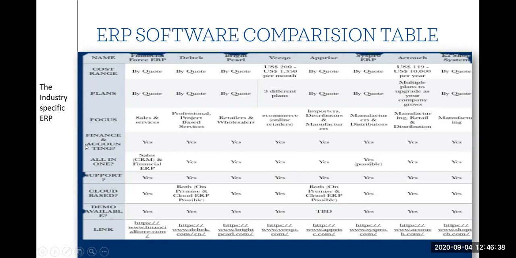Basically, ERP mostly has finance and accounting already included in the software. Sometimes CRM is also included. Cloud-based means internet-based. They give an option, or sometimes they are cloud-based by default. Demo available. These are the links.